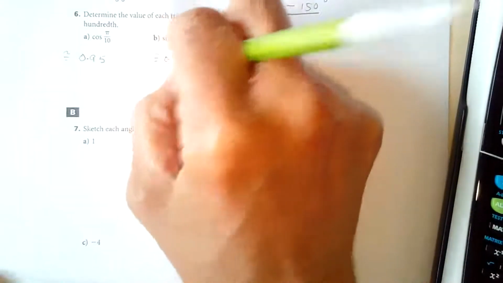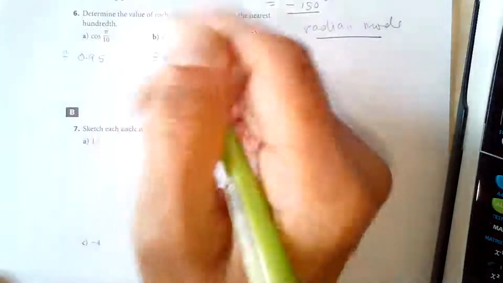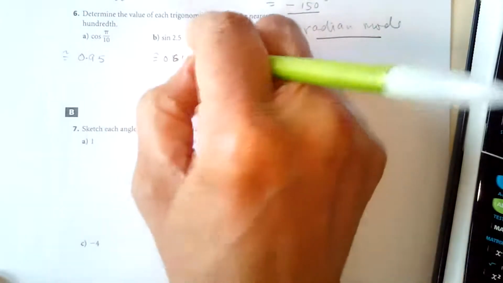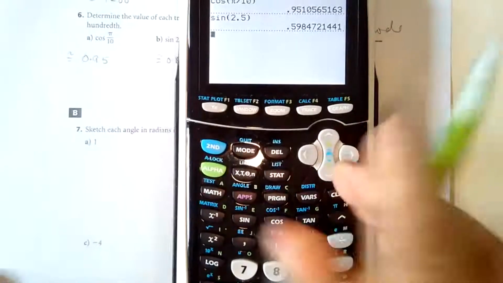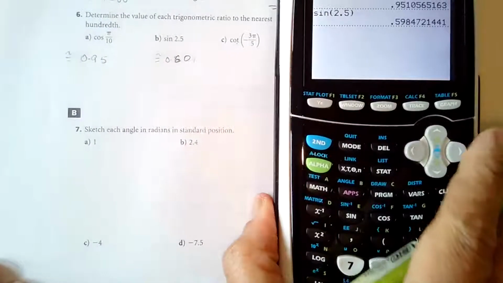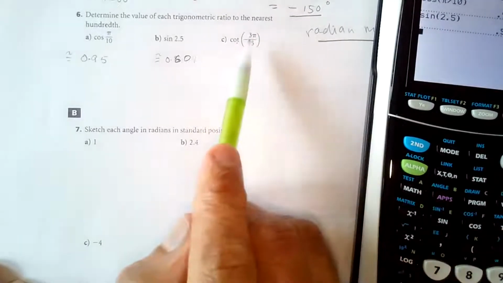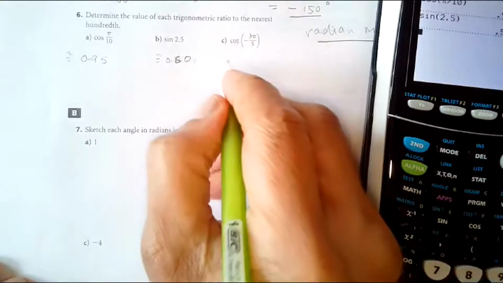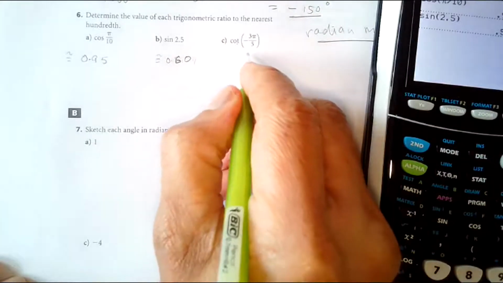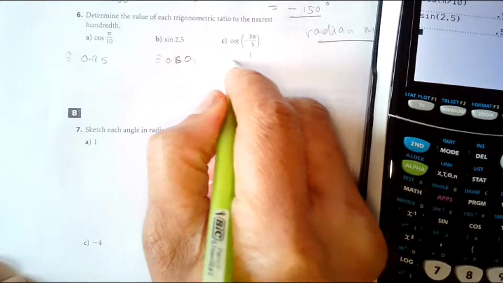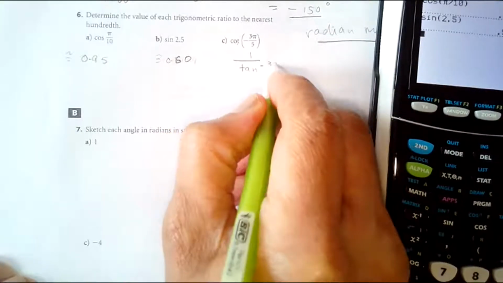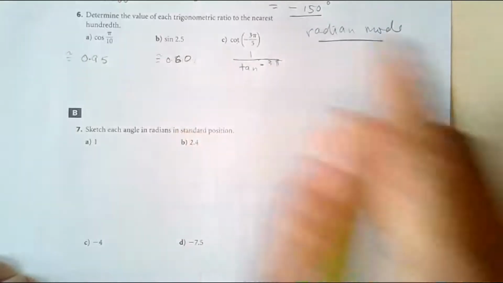Now, the one for the hundredths, so I need to stop: 0.60. So that's asking for the nearest hundredth. Now cotan, in your calculator, remember cotan is 1 over tan, right? So we have 1 over tan of negative 3 pi over 5.